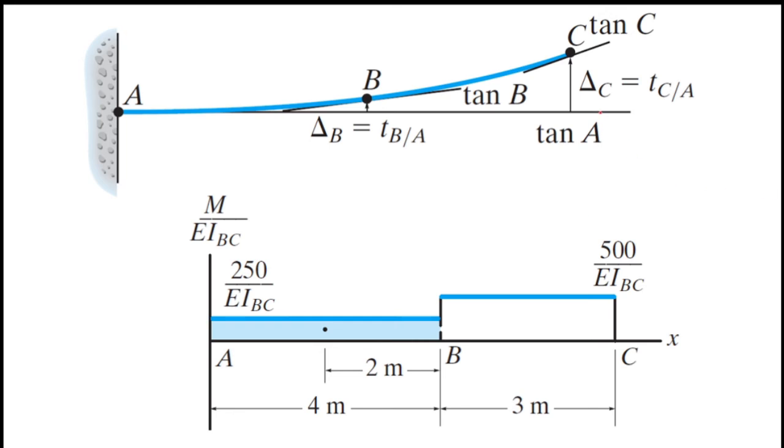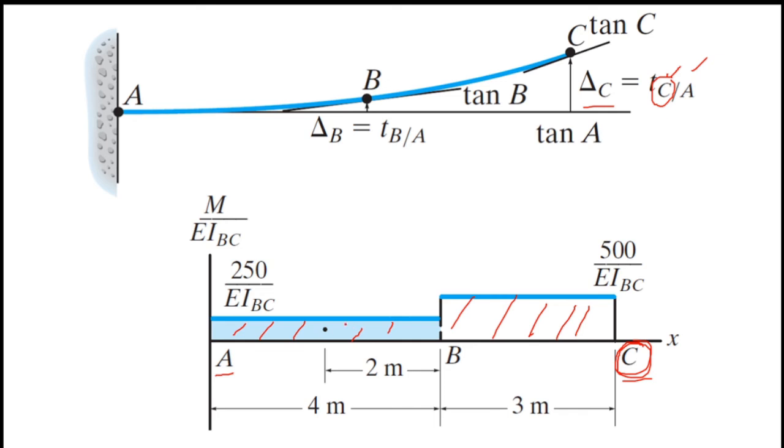Next I am going to find delta C. So delta C equals TC with respect to A. So there are two letters, C and A. Therefore we have to consider the area between C and A. The area between C and A is, this is A, this is C, this is the whole diagram. So therefore we have to consider this area as well as this area, and also we have to take moments. For that we have to take moment about this point C, which is the left hand side letter.